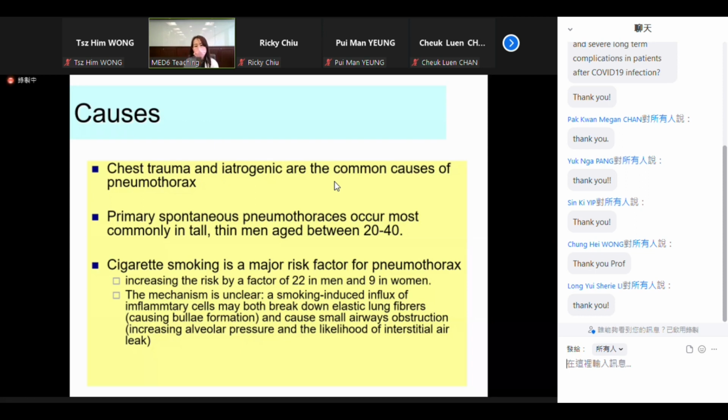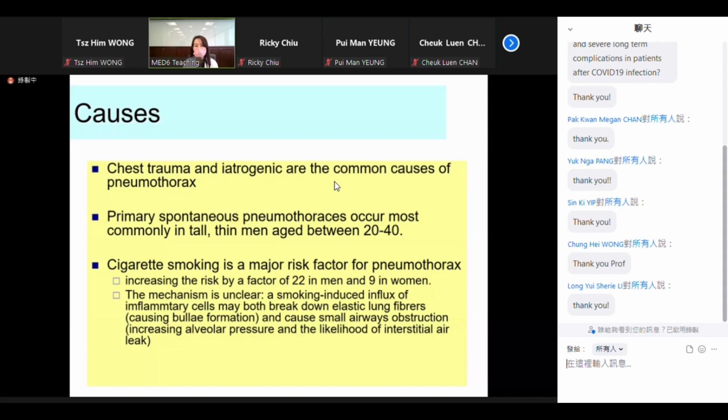The proposed pathogenesis is that because of the tall and thin habitus, there's an apical bulla over the lung apex, and then it suddenly bursts, and then air goes into the pleural cavity.